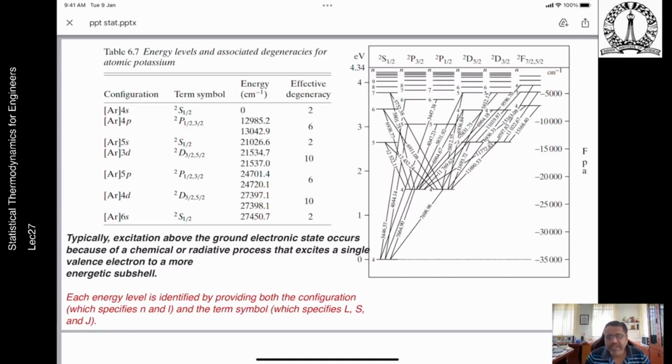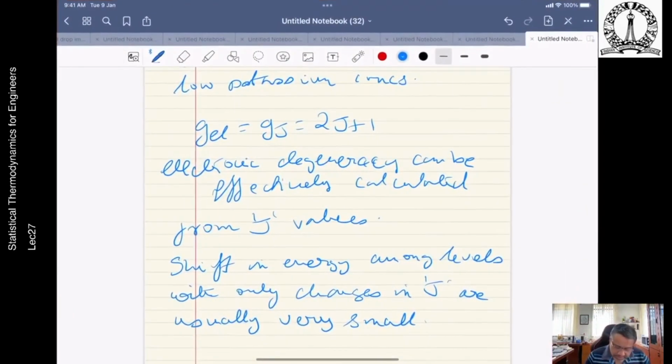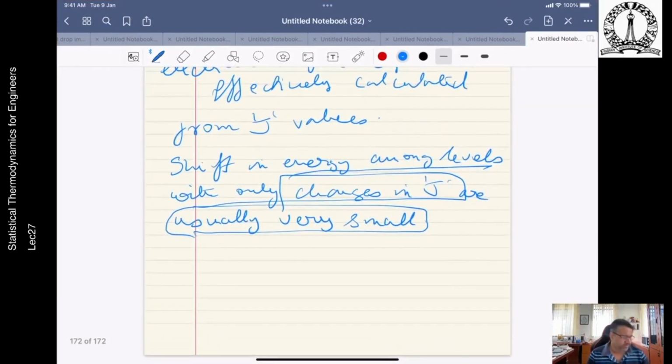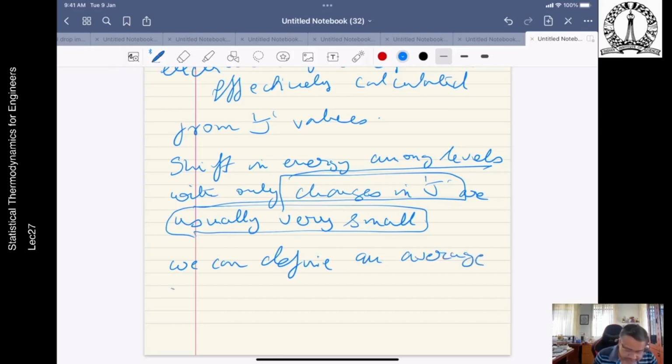For example, it's 3 in the case of D 3/2, 5/2. So the shift in energy among levels with only changes in J is very small, so small that we can define an average energy because the differential is very small.